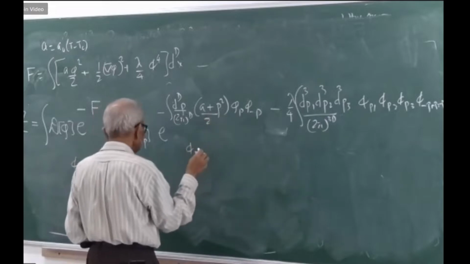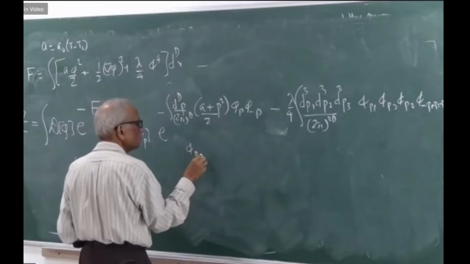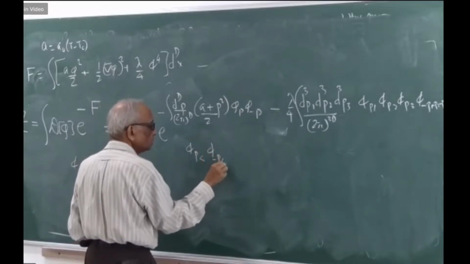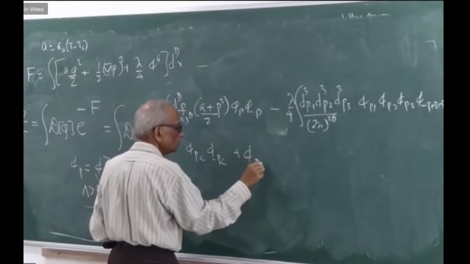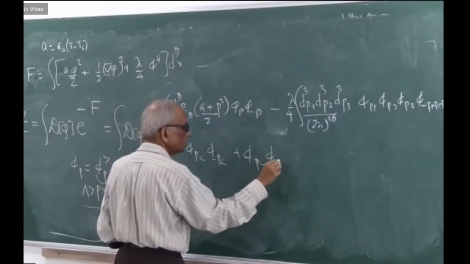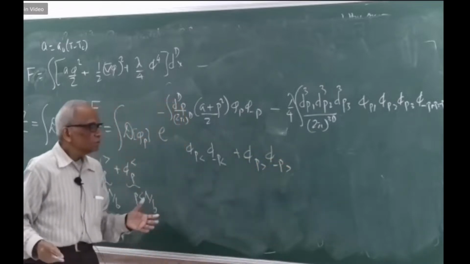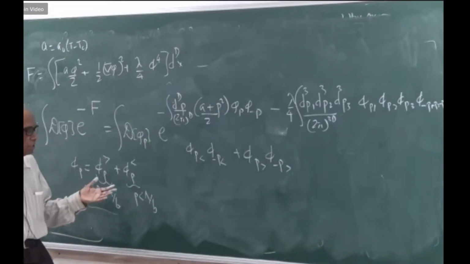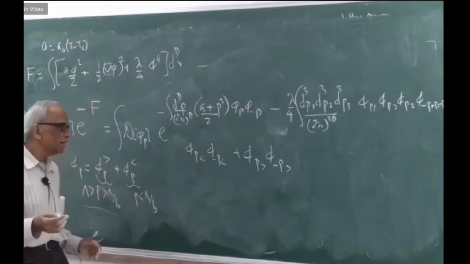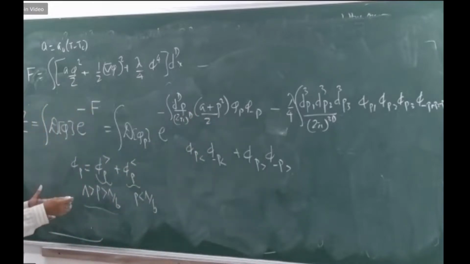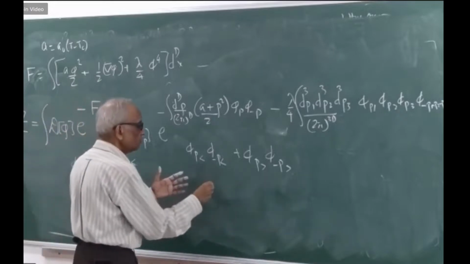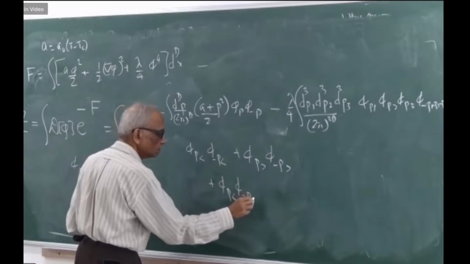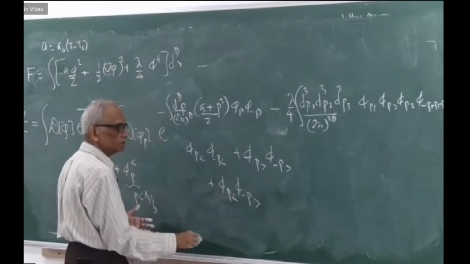Over here life was simple because I could write phi p as phi minus p plus phi p greater, phi minus p greater.